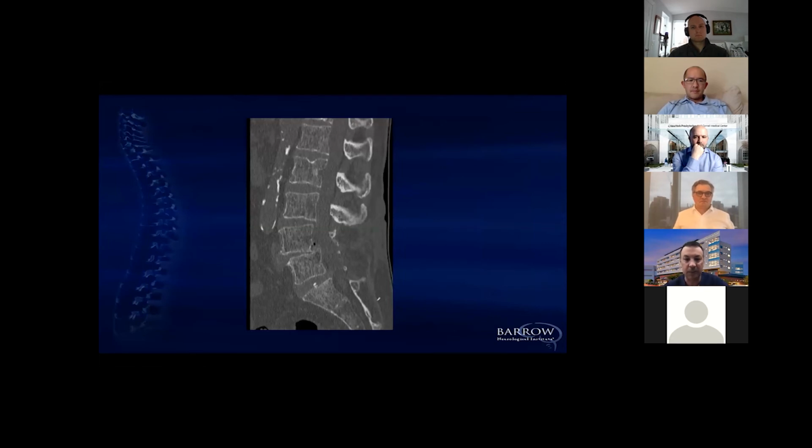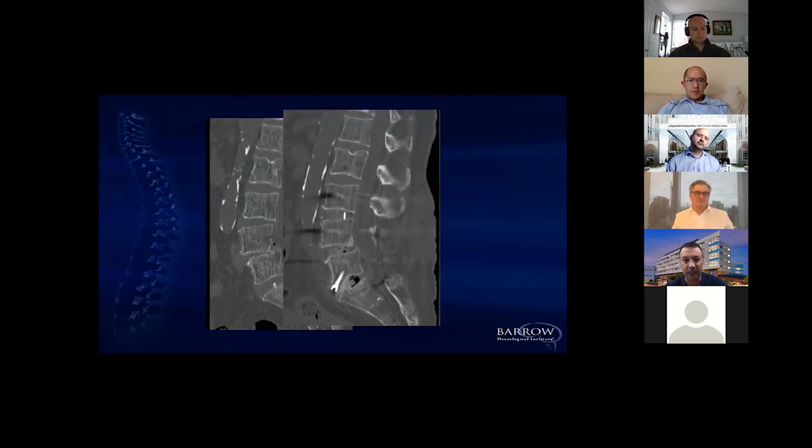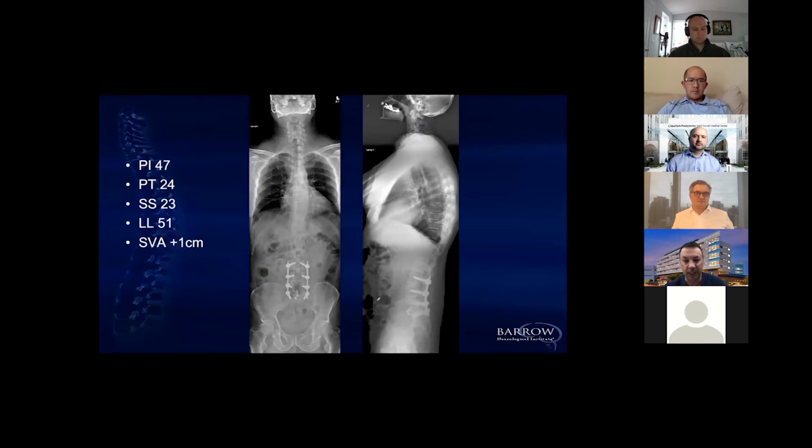And you see here the pre-op CT, this is the post-op CT. You see how level by level, you open it up and fix the different levels. More important, as you see here, you keep the patient within the box of the spinopelvic parameters.